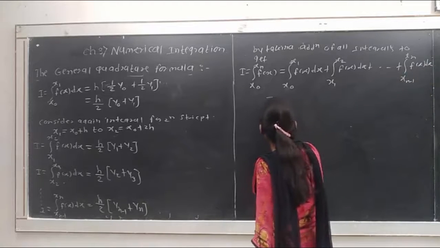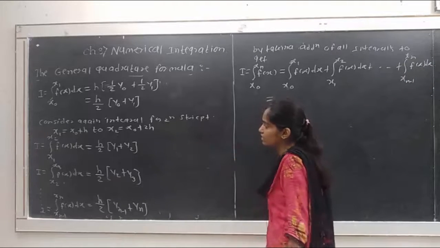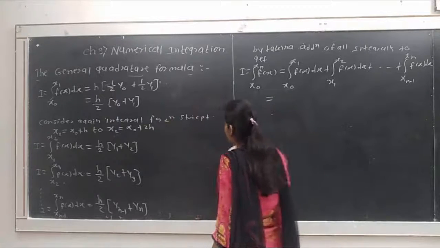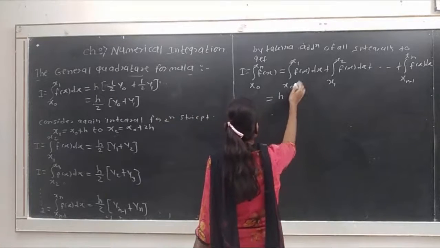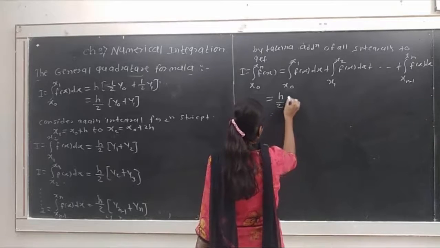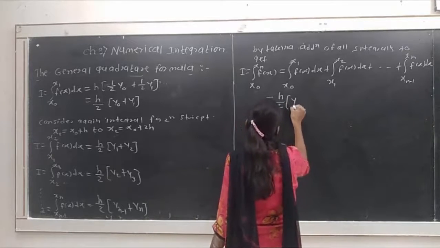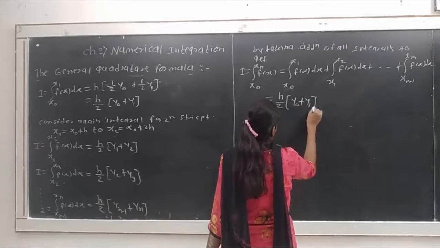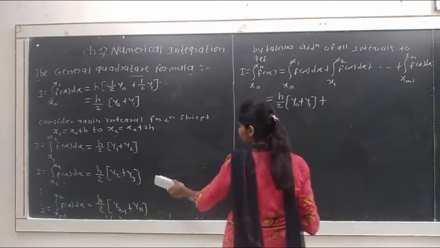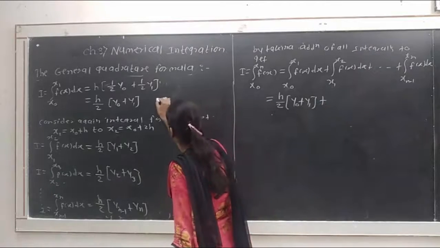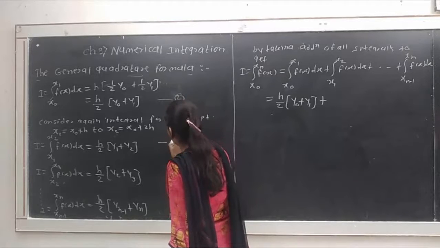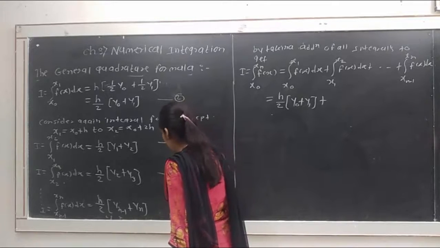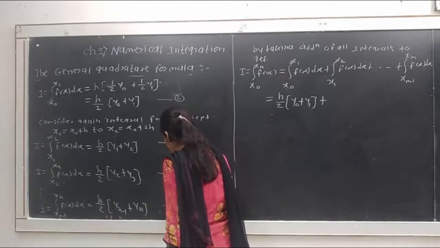So in this way, then we consider the addition of RHS. So the value of the first integral we get h divided by 2 (y0 plus y1). Then take it as equation number 2, then it has 3, it has 4 and this has 5.